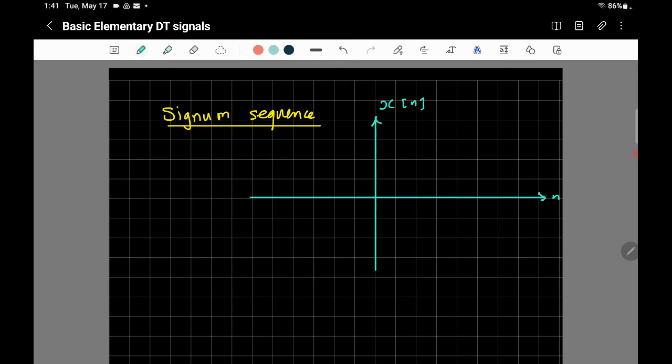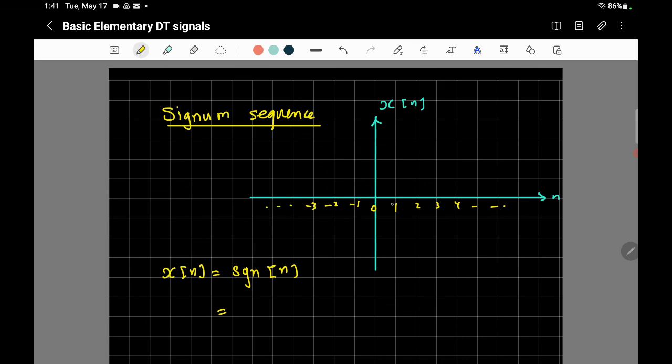So how do you express x of n, which is equal to the sign function or sign signal? Well, n equals 0, 1, 2, 3, 4, and so on, and minus 1, minus 2, minus 3, to minus infinity.